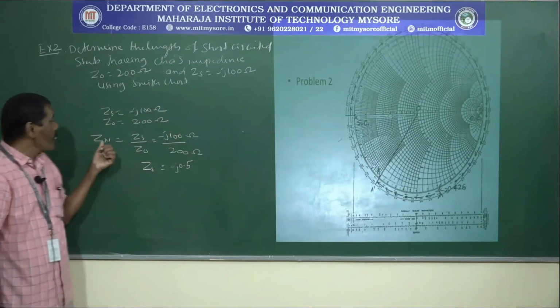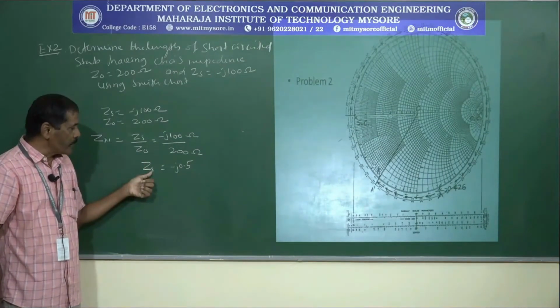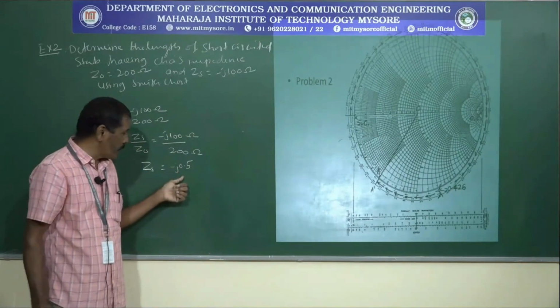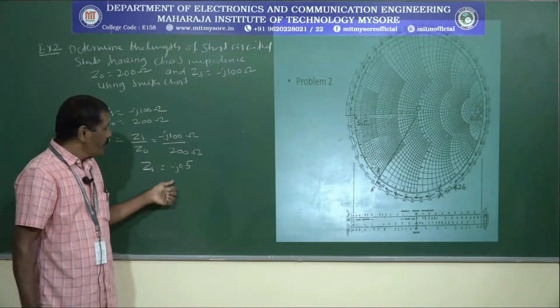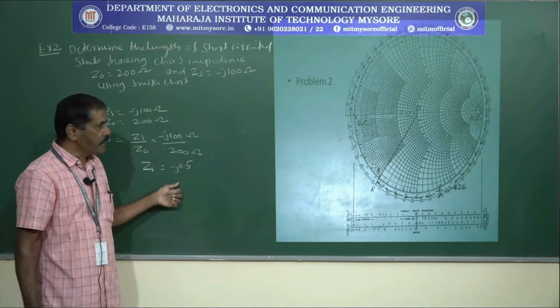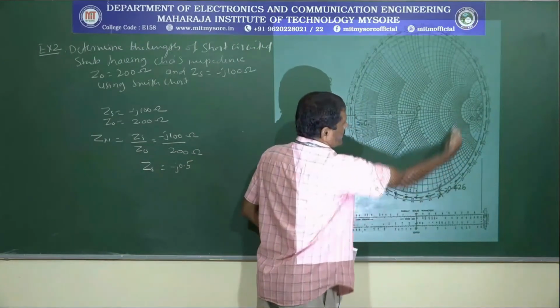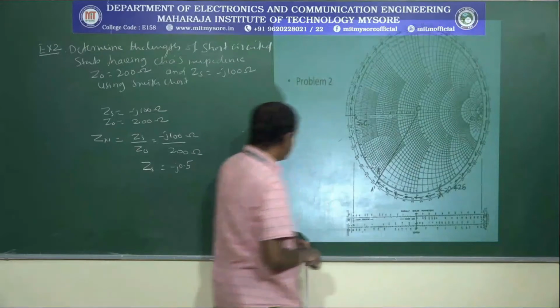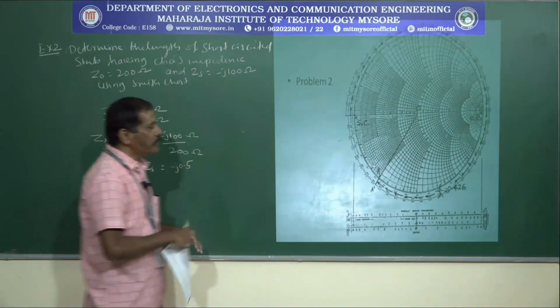I will repeat once again. Zs divided by Z0, we are getting the normalized impedance, equal to minus j 0.5. Here the resistive component is missing, only the reactive component is present. So on these particular lines, see where the point corresponding to 0.5 is.